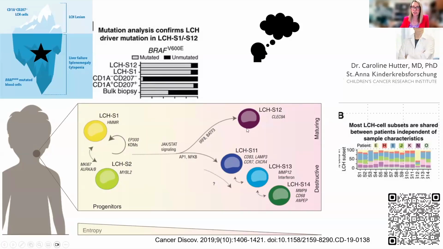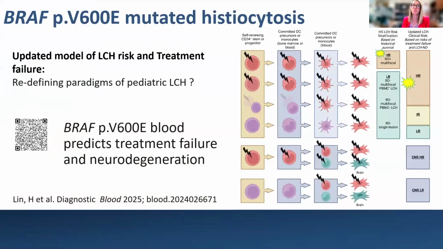Trying to understand what subtypes of these cells will go on to change their phenotype and be more resistant to treatment is really the holy grail as we progress in the next decade of LCH discovery.